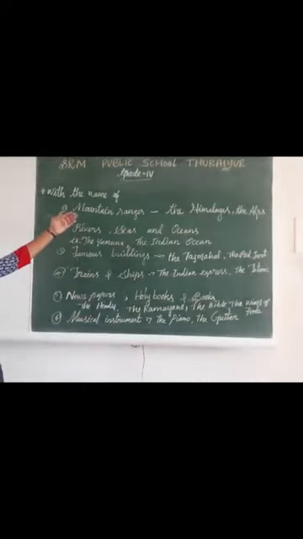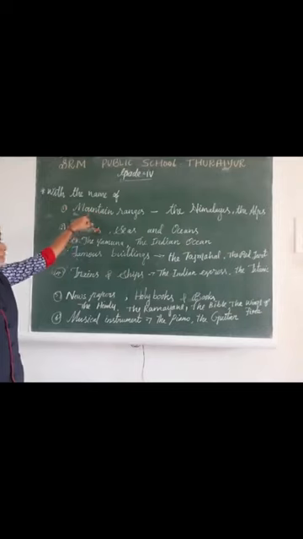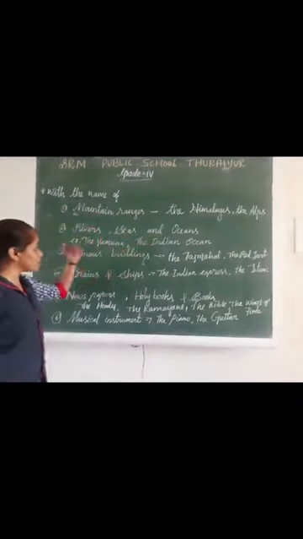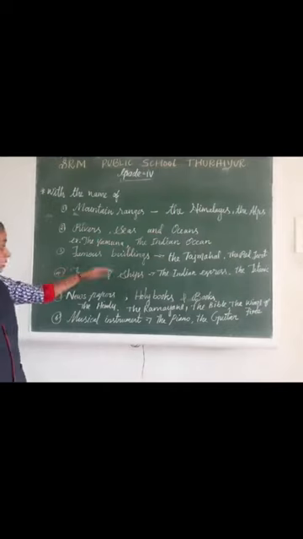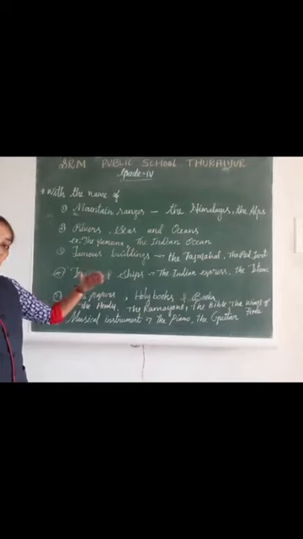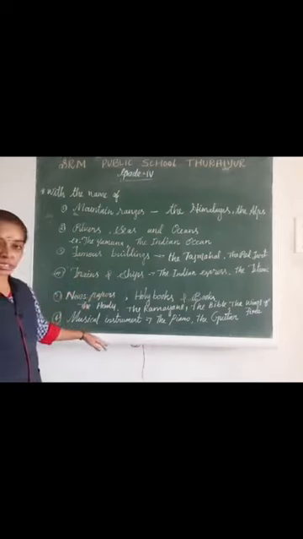Once again, listen here. With the names of mountain ranges, with the names of rivers, seas and oceans, and with the names of famous buildings, trains and ships, newspapers and holy books and books, musical instruments.